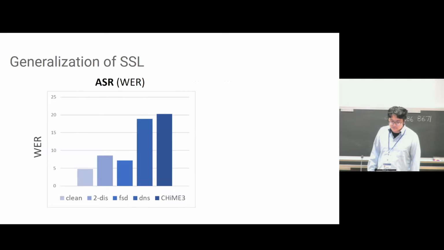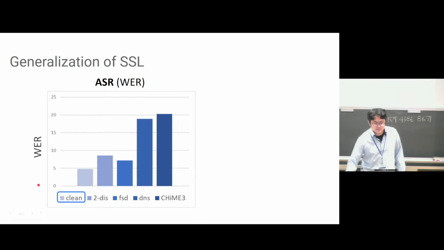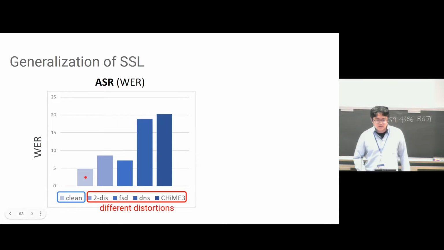Here are some results. This result is based on HuBERT. Here we show the performance of HuBERT on ASR. We show the word error rate, so the smaller the better. Here we show the result of clean speech. Of course, it obtained a very low word error rate. And we show the result with different types of speech distortion.